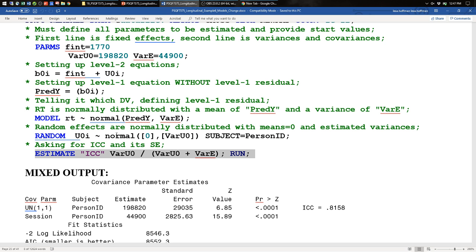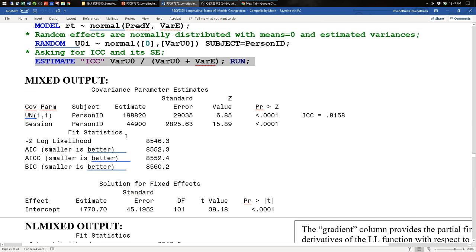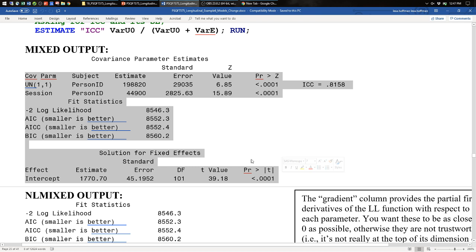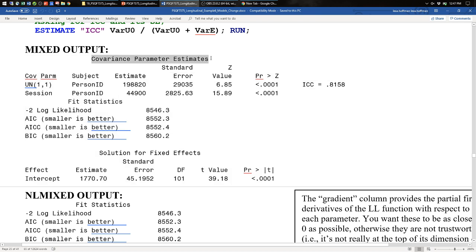So I'm just showing you the empty model so that you can get acquainted with NLMIXED. The output is exactly the same. The MIXED output from the empty model is right here, where it differentiates the model for the variance, in which all parameters are listed under covariance parameter estimates, and the model for the means, in which all parameters are listed under solution for fixed effects.